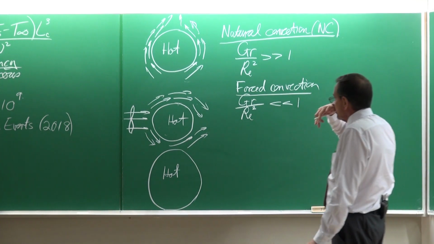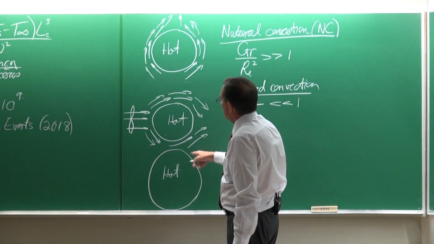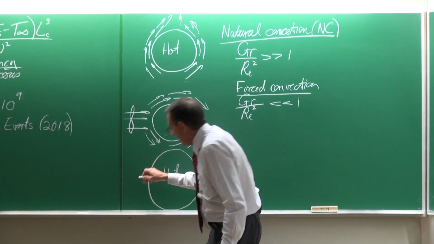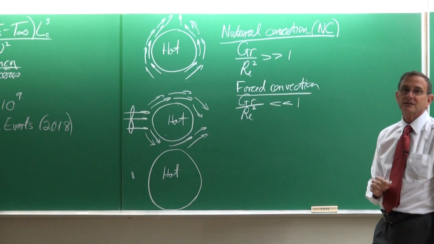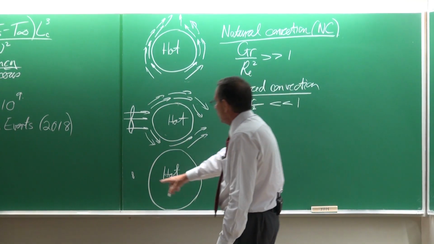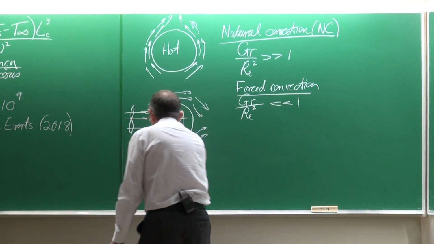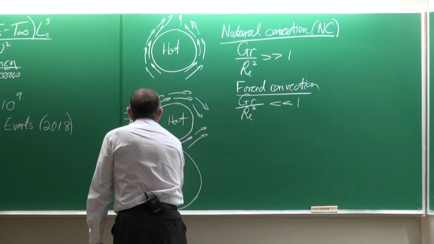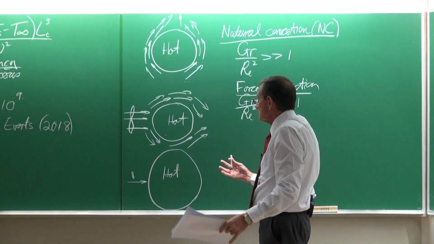Now, the next possible scenarios is one in between. So here we've got a fan, but now we've got a very small fan there. Okay. Very small one. There's a fan, so it is sort of forced. What's going to happen now? The natural convection is going to have an influence on this problem.